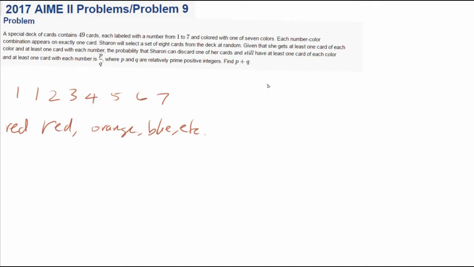She has 8 numbers, and she has to choose 2 for the red cards. So that's just 8 choose 2. You have to remember that she can't have both red cards assigned to both the number ones, because there can only be one red card with the number 1 on it. There are no duplicate cards. So it's actually 8 choose 2 minus 1.